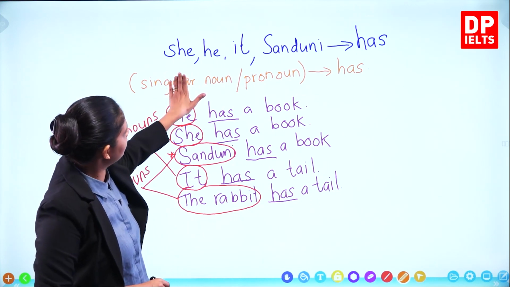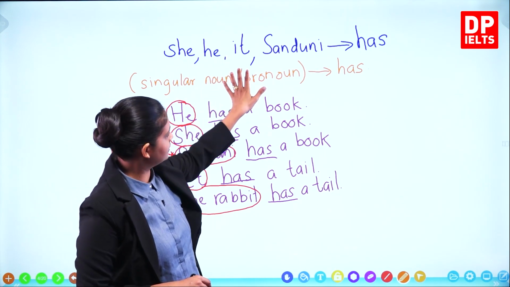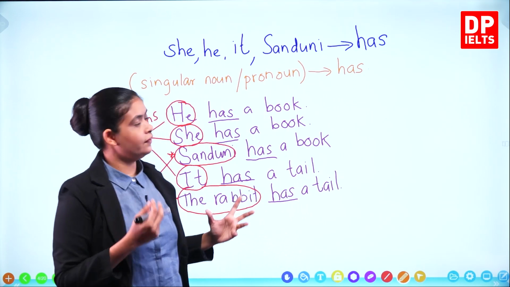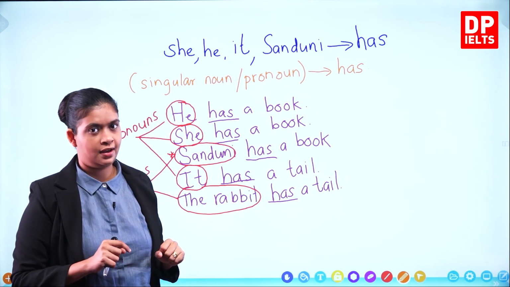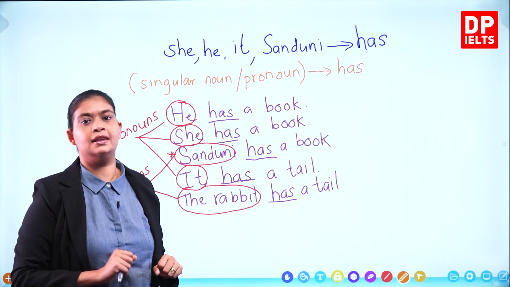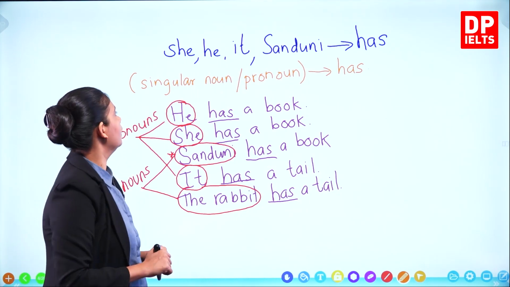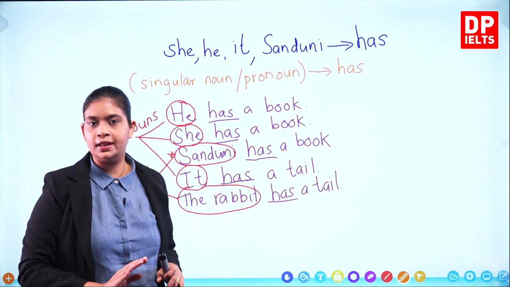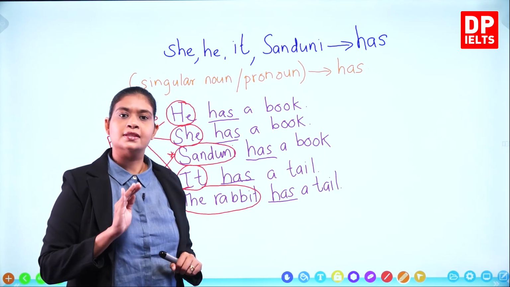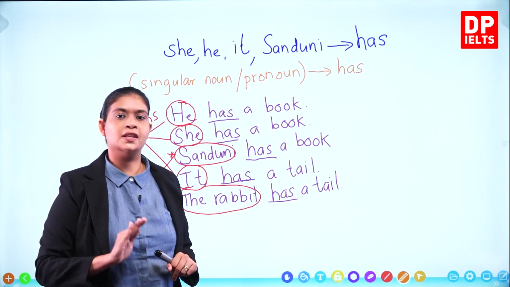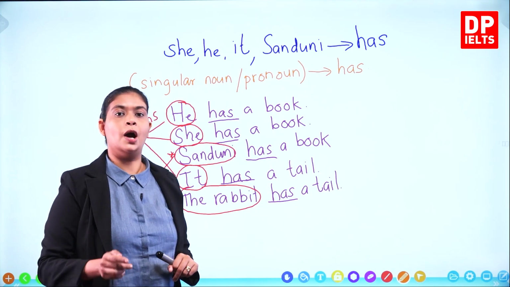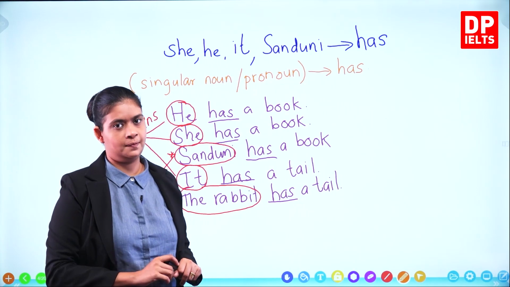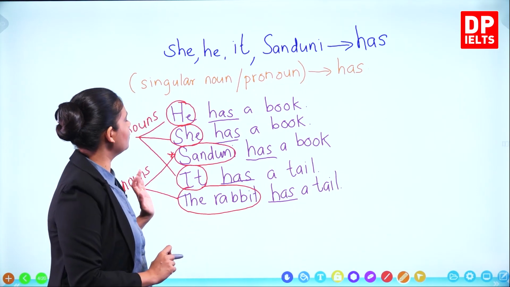Api she, he, it, Sandhuni, mage nama, right? ඒ වගේ වචනයක අපි use කරන්නේ has කියන එක. ඒ කියන්නේ අපි ඒක වචන නාම පදයක් නැත්නම් සර්වනාම පදයක්. ඒක වචන සර්වනාම පදයක් එක්ක අපි පාවිච්චි කරන්නේ has කියන වචනේ. අපි බලමු examples ටිකක්.